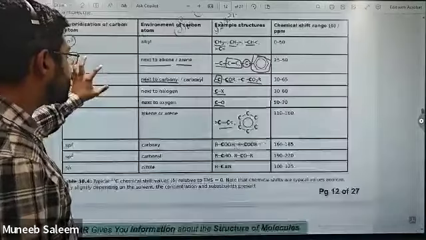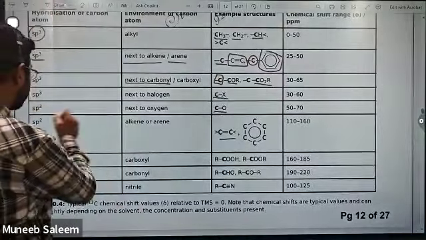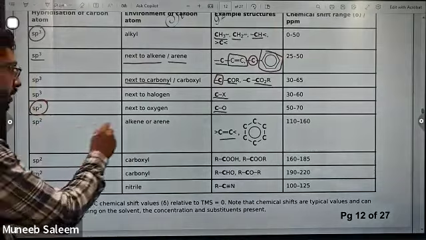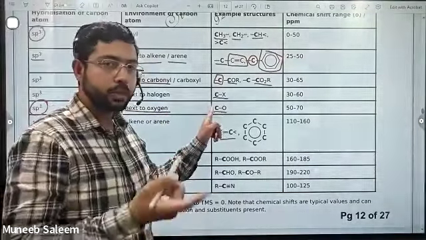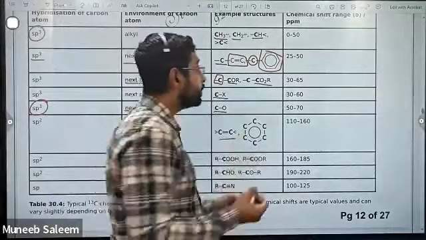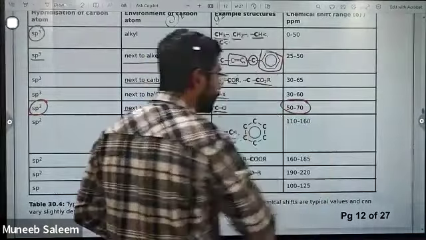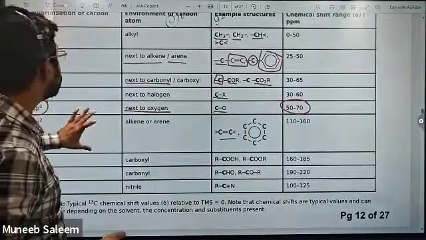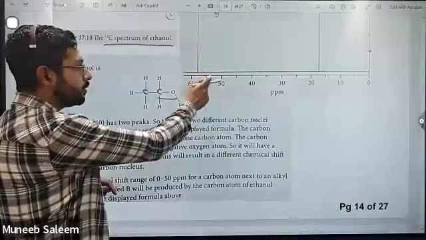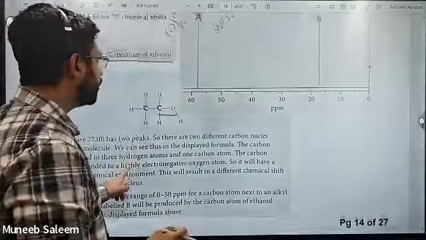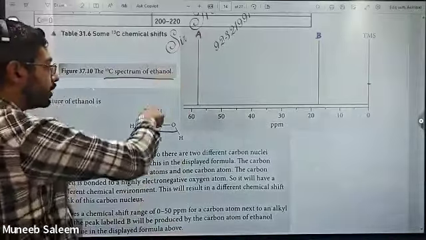So this is the carbon next to the oxygen, C bonded with the OH. The ppm value is 50 to 70. This is the chemical shift value, a range which exactly matches the range over here, 50 to 70 ppm. So that's why we have this carbon represented by A.